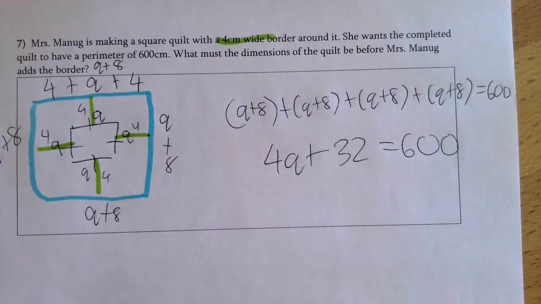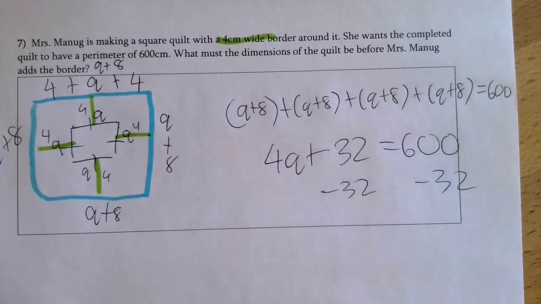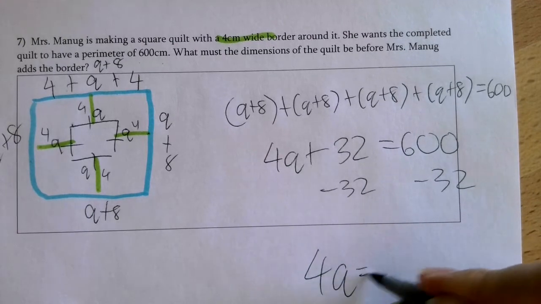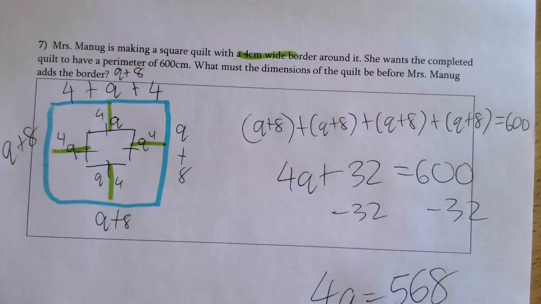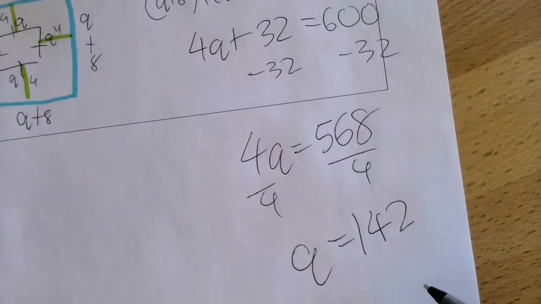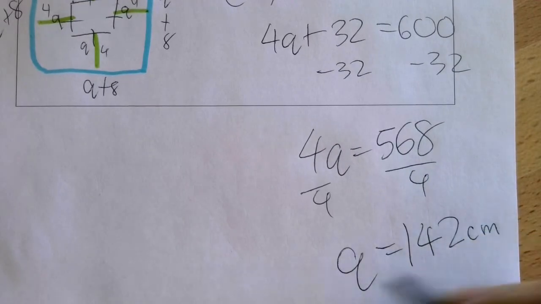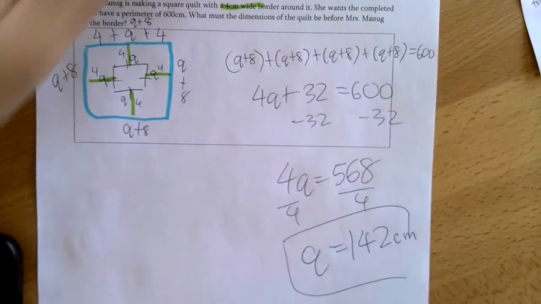Now this one is a two-step equation, so I need to subtract 32 on both sides. 4Q equals 568, and you have to divide by 4 on both sides. Q equals 142 centimeters.